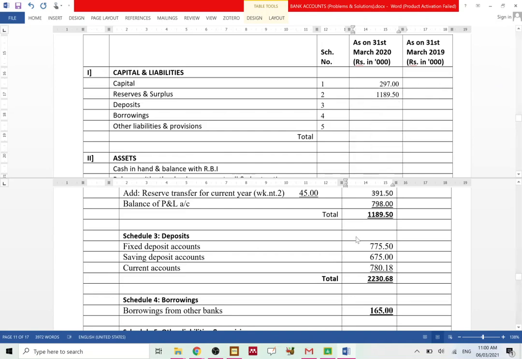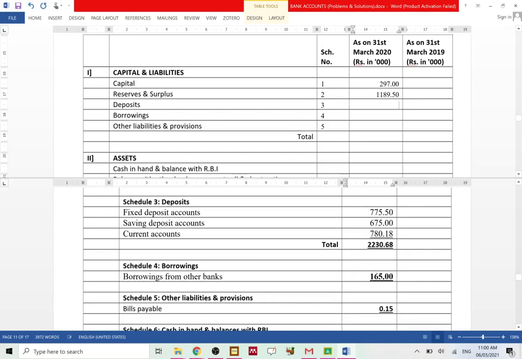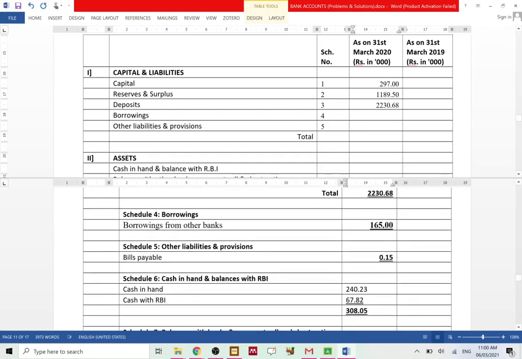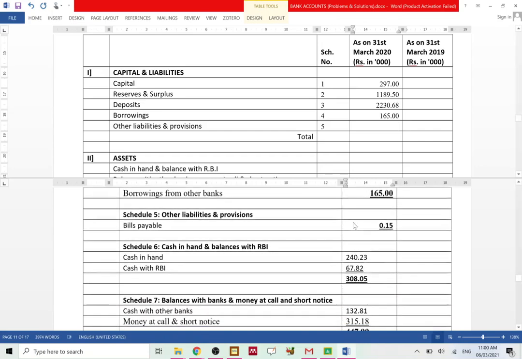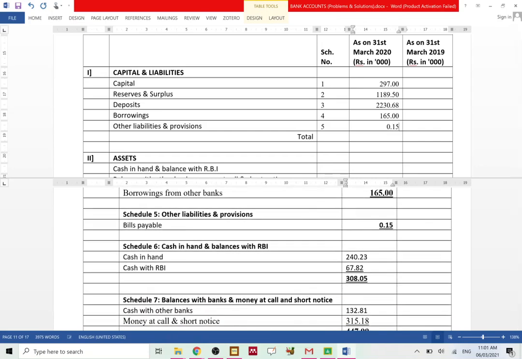Then deposits total 2230.68. Next, borrowings total 165.00. Next, other liabilities and provisions 0.15. Done. So total we've got all of these items, and if you total these up, total of the liability side is 3882.33.